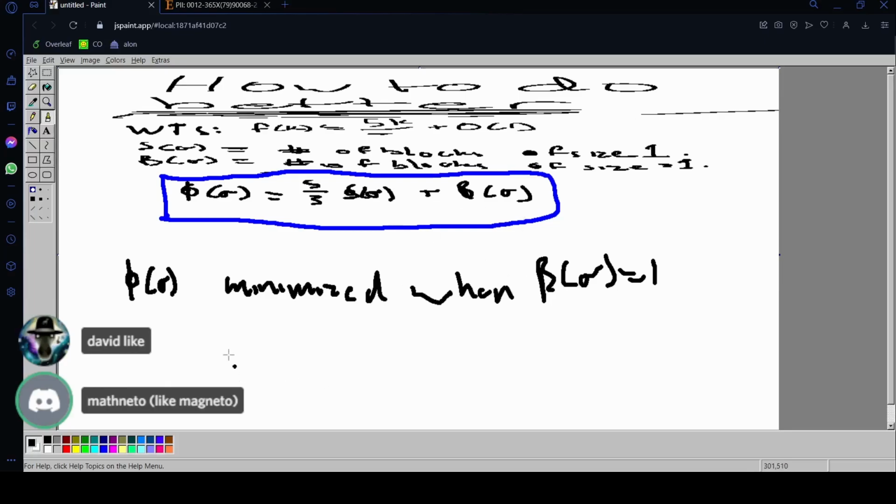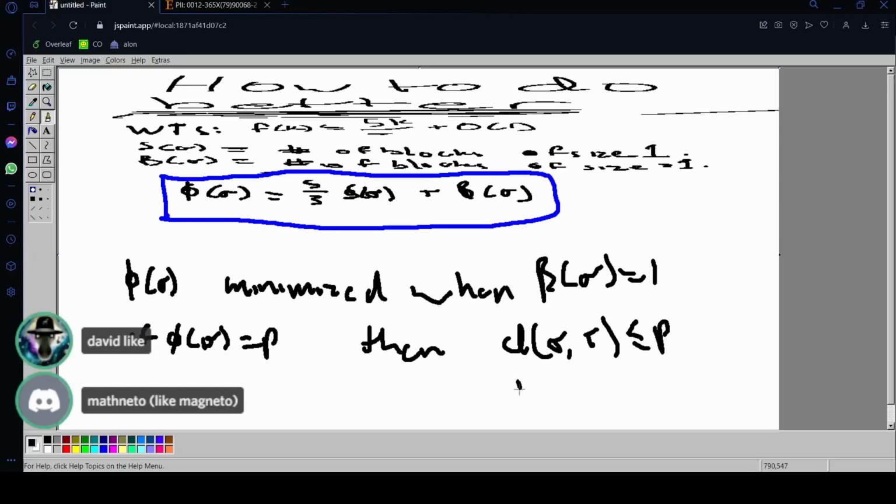And so by the same logic as before, if some sigma has potential P, then the distance from sigma to some tau is at most P, where tau has one block, essentially.